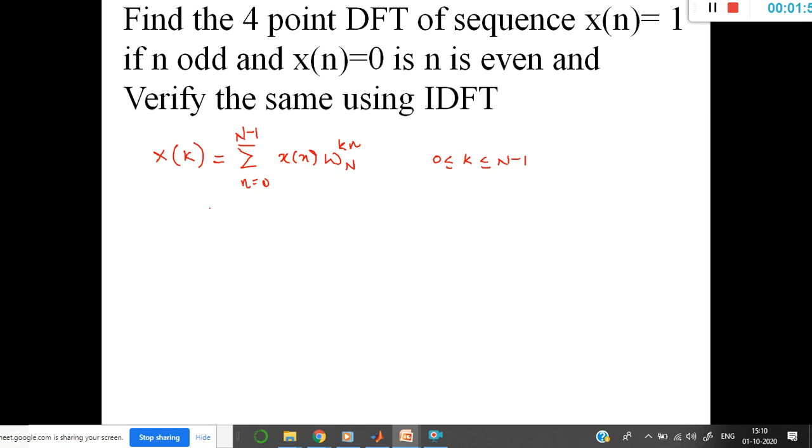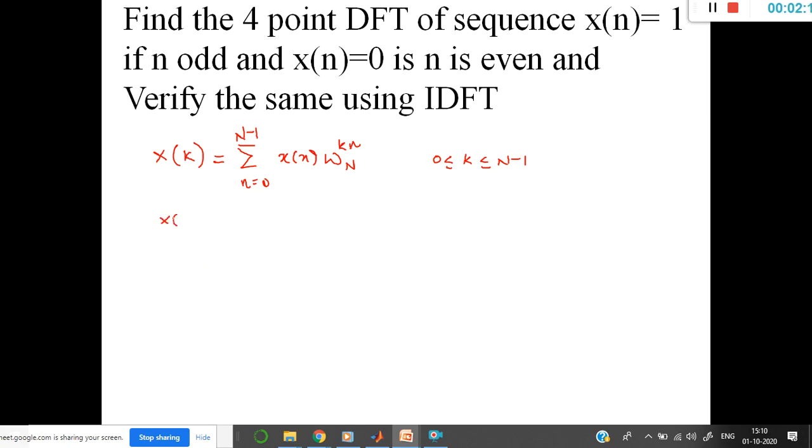Or else, as we know, the problem can also be solved using a linear transformation method or matrix method. Here onwards we will stick to only the matrix method while solving the DFT, which is much easier than going into the traditional definition method, right?